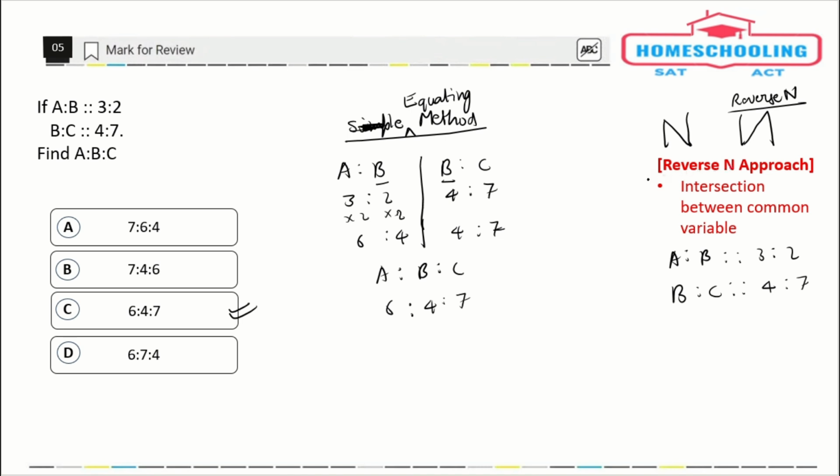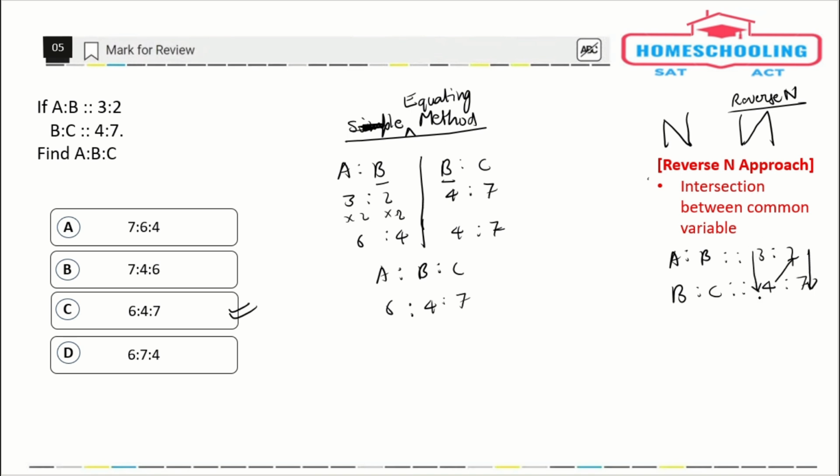We can use this method only when there is an intersection between common variables. As we can see, B is common here. So we'll make a reverse N here like this, going from here to here.